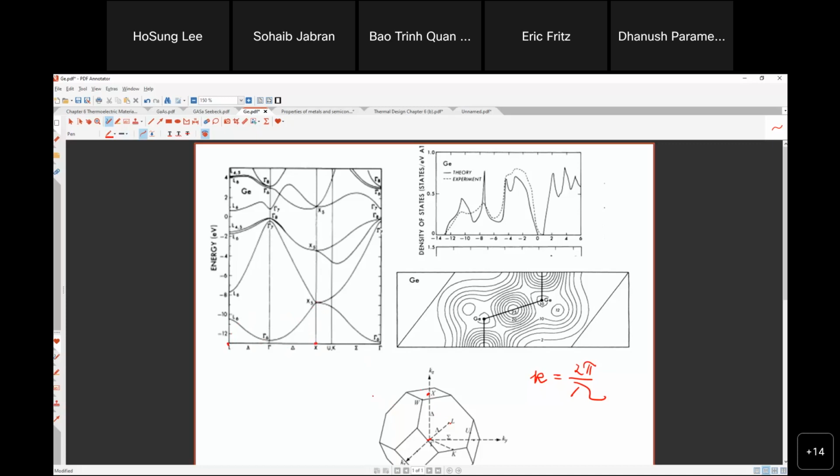Another K, sigma. Yeah. Anyhow. So usually this is germanium. It turns out this is the Fermi energy.